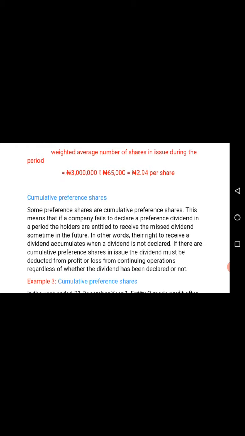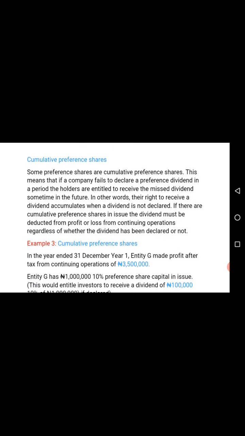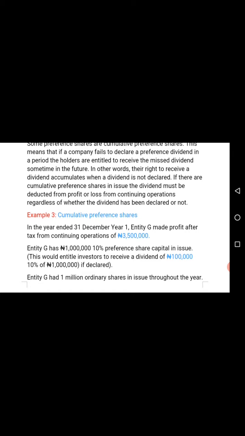So basically, you don't care if it has not been declared. If it has been declared, you still have to deduct it as long as it's a cumulative preference share. Now we have an example there, which is example 3.